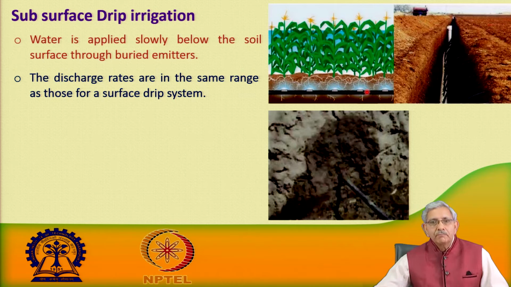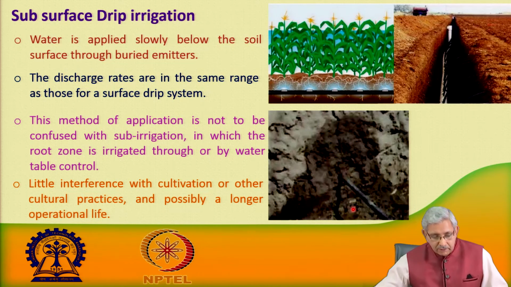The depth of placing the drip lateral is at the effective root zone depth, and the drippers in this case are in-line type of dripper. They are fabricated along with the drip lateral. So, at the time of fabrication of the lateral, these drippers are placed at appropriate spacing depending upon the crop requirement.